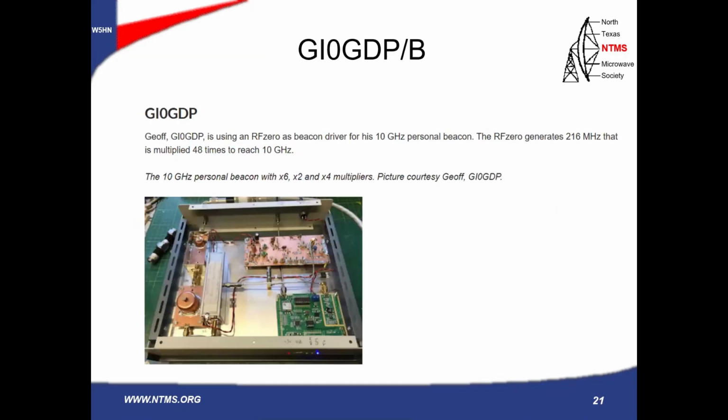That's a nice beacon. Golf Delta Papa has a 10 gig unit. The RF0 is generating 216, that's multiplied 48 times. You can see the 6x2x4 going on here with the filters.